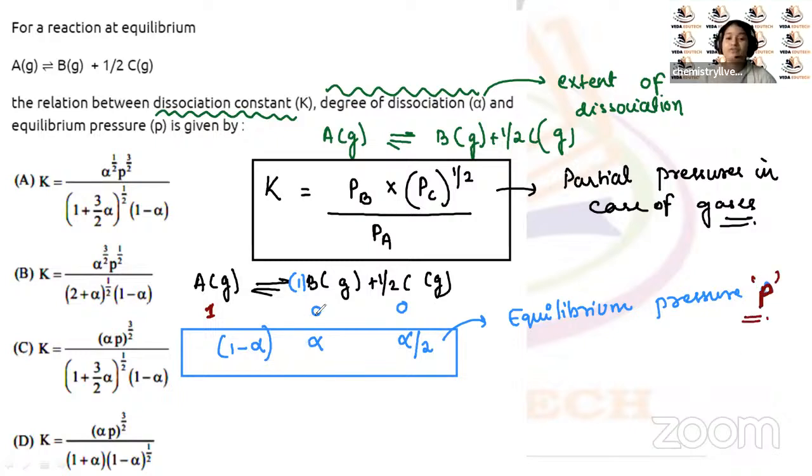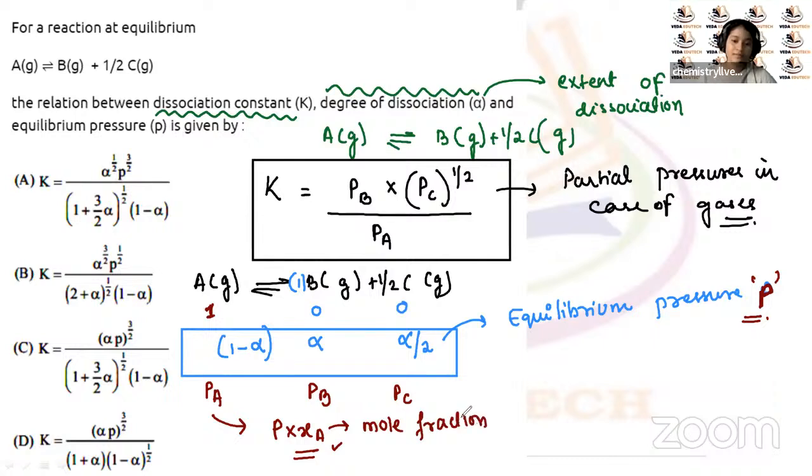Now if we want to find out the partial pressures, they will be PA, PB, and PC. Now we know that partial pressure is equal to the equilibrium total pressure into XA, where XA is nothing but the mole fraction.